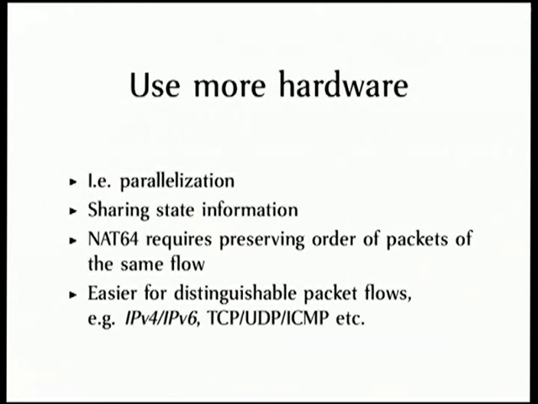One approach to process more packets is to use more hardware. Typically, put more threads into the application and send and process a few packets with one thread, another bunch of packets with the second thread, and so on. But you have to keep in mind that those threads are sharing the same state information of connections.